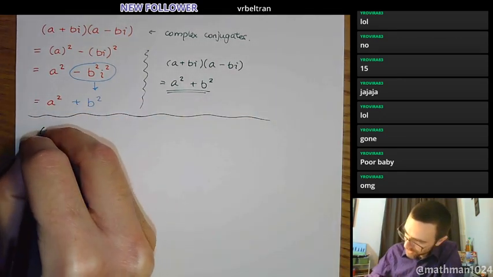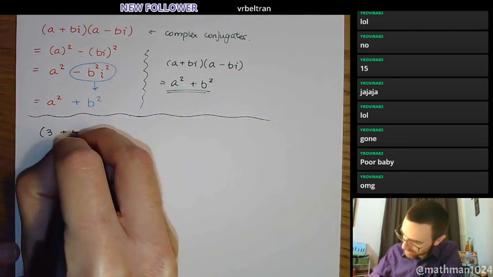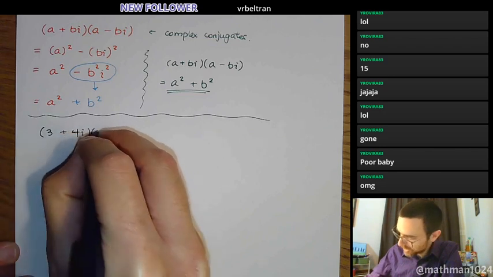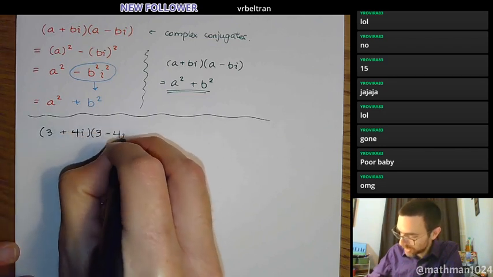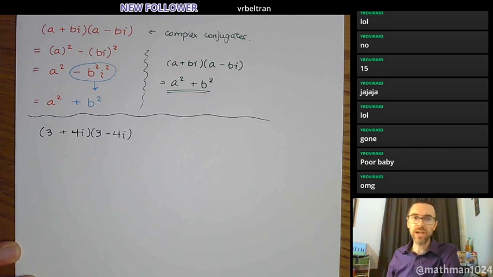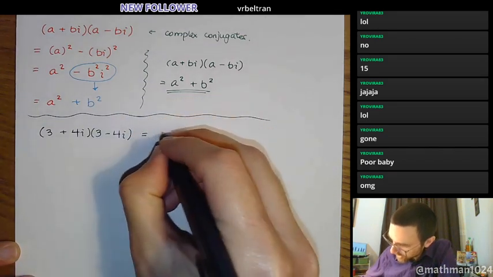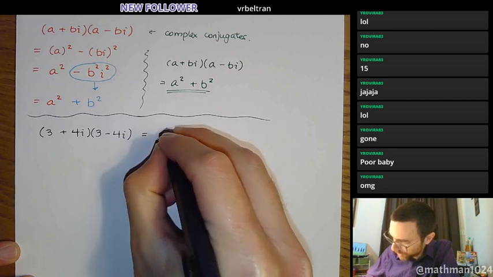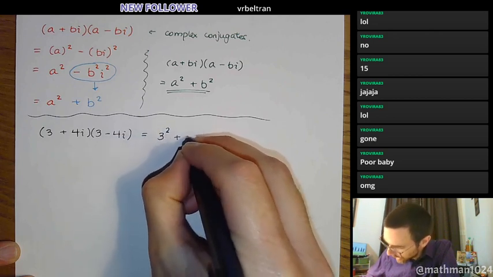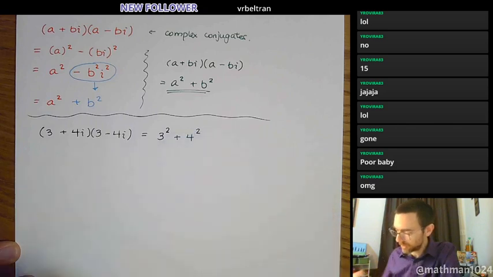So when I do something like 3 plus 4i times 3 minus 4i, as long as these are conjugates, in this case complex conjugates, the product is going to be the real part squared plus the imaginary part squared.